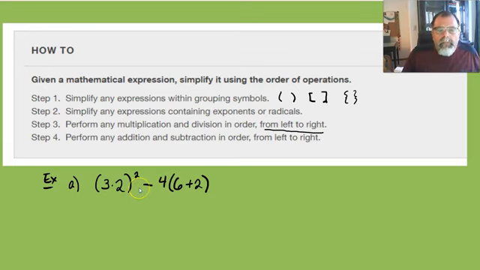All right, so inside this parenthesis, we do 3 times 2 is 6. And then inside this parenthesis, we do 6 plus 2, which is 8. And you can leave this with the parentheses, or I could drop the parentheses and put a dot there for times, or I can just in my head think 4 times 8.